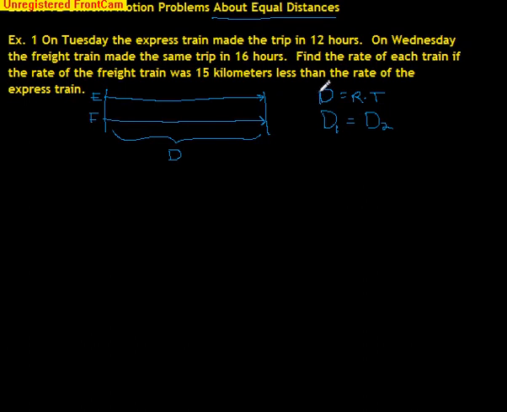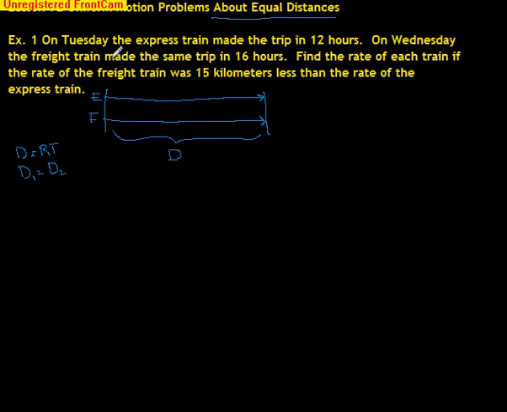Alright, with these two pieces of information, let's see what we can do. Okay, here we go. We're going to write down everything that we know. I just wrote that in the part where I need some space. Let me write this really important formula over here. Distance equals rate times time. And we're going to know the distance of whatever we're doing in 1 equals distance of whatever we're doing in 2.